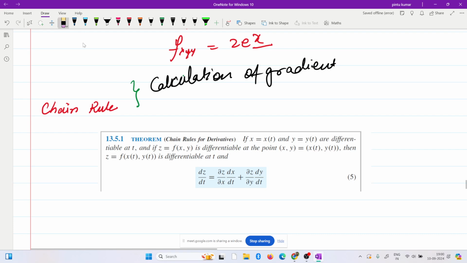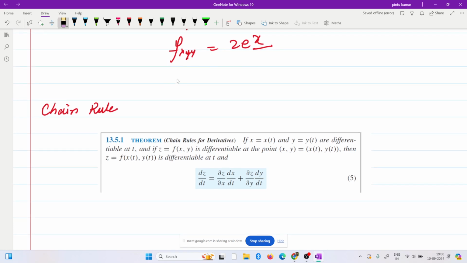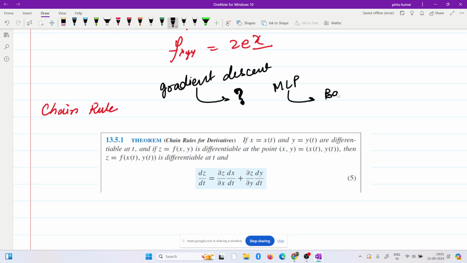Okay, so what I said is now we are going to cover chain rule. You know that most of these machine learning methods adopt the gradient descent method to optimize themselves. So when you do gradient descent, you have to find the gradient. If you have a multi-layer perceptron or a deep neural network, and these days you have many complex networks, calculating the gradient for them is based on an approach called back propagation.